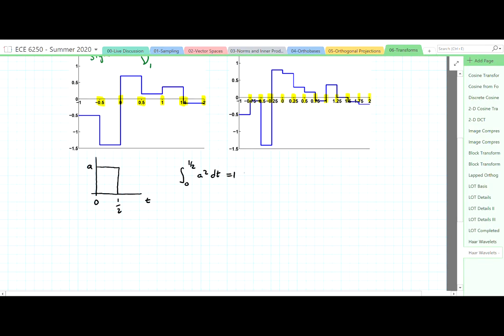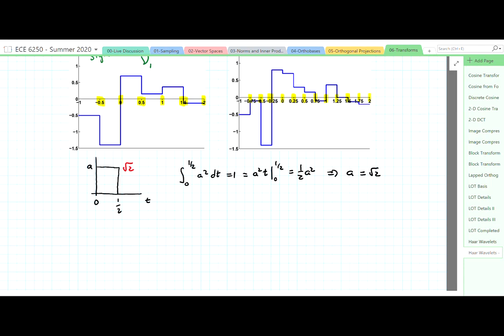And that's equal to A squared t from 0 to 1/2, which is 1/2 A squared. So A has to be the square root of 2. So instead of being a height of 1, it's a height of the square root of 2.